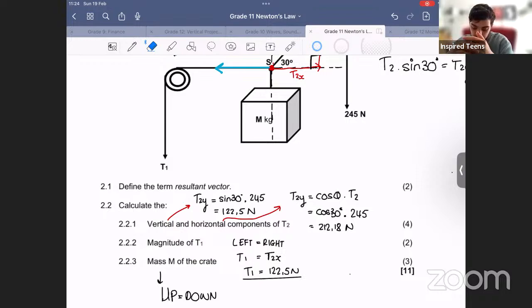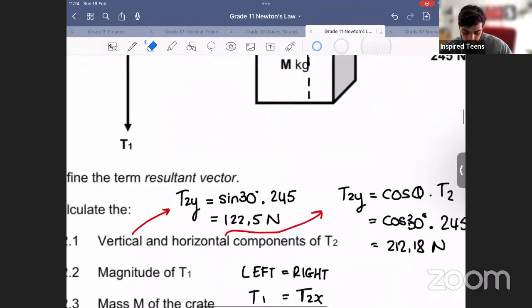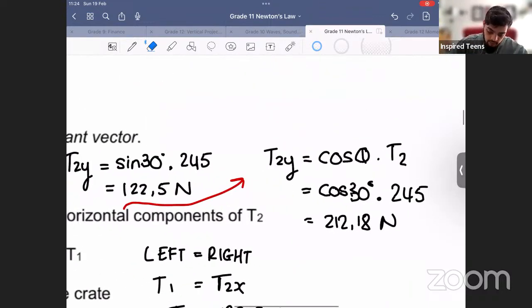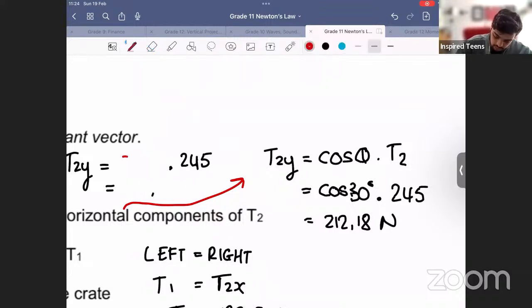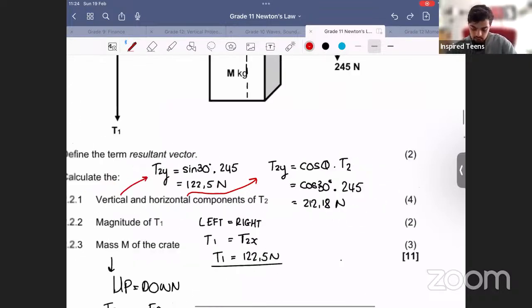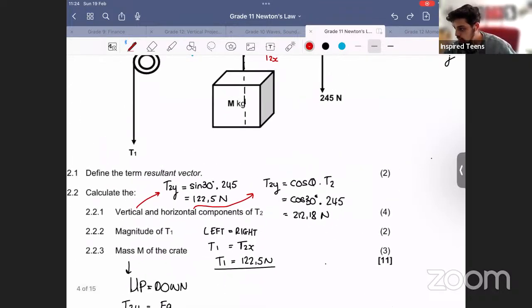T2x is 212.18. Yeah, you are correct. This is supposed to be cos. No, it's not supposed to be cos. What's the issue? T2x is cos.